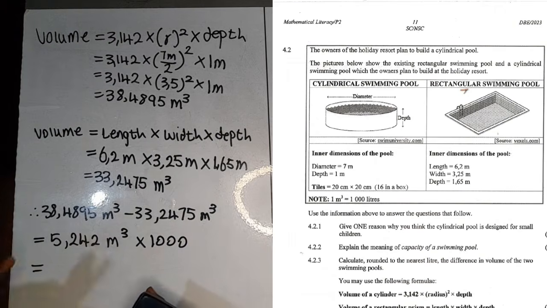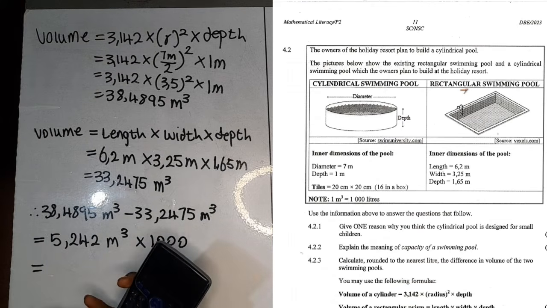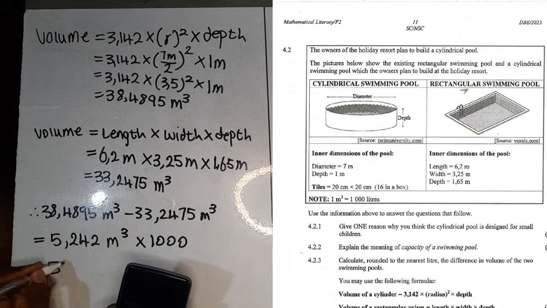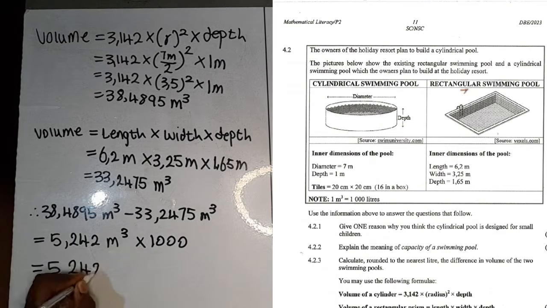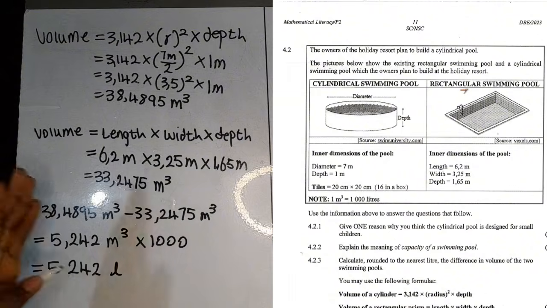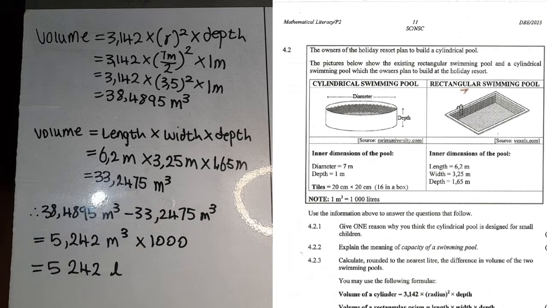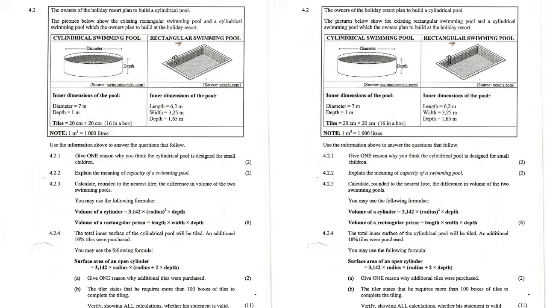So it's 5.242 multiplied by 1000. That gives us 5,242 liters. So the final answer, the difference between the volume of the cylindrical swimming pool and the rectangular swimming pool in liters, is 5,242 liters. This is the final answer.